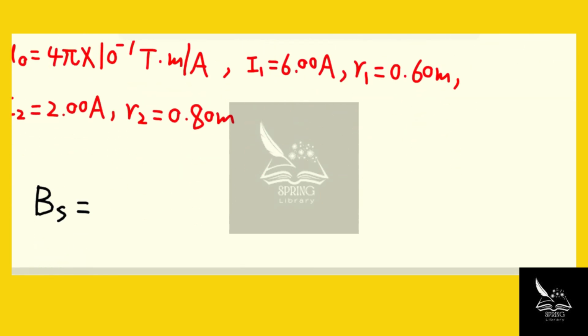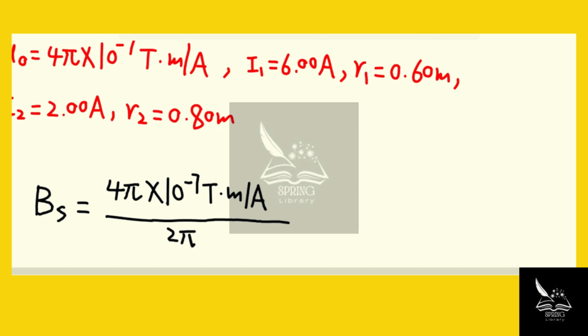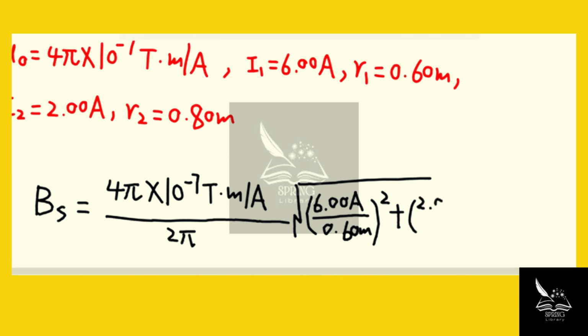which is equal to 4 pi times 10 to the power of -7 Tesla times meter per ampere over 2 pi, then times the square root, which is 6.00 ampere over 0.60 meter to the power of 2 plus 2.00 ampere over 0.80 meter to the power of 2.